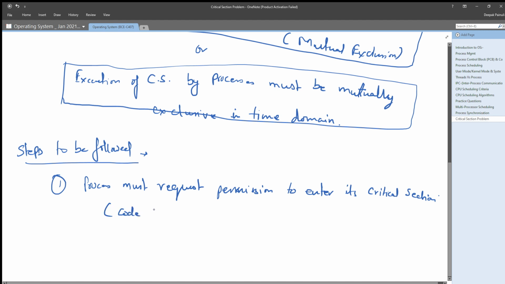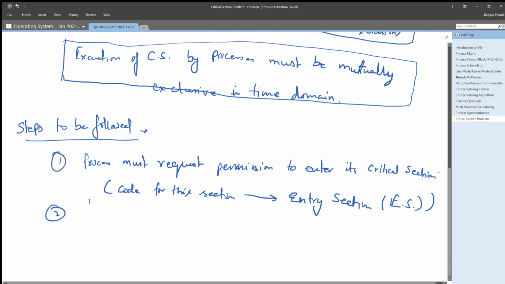The code for this section is called the entry section, or sometimes we write it as ES, right?